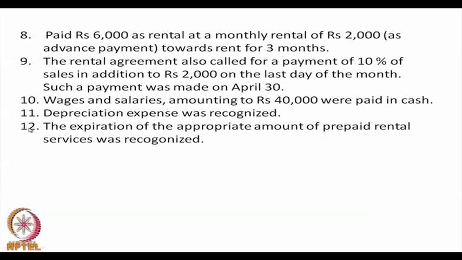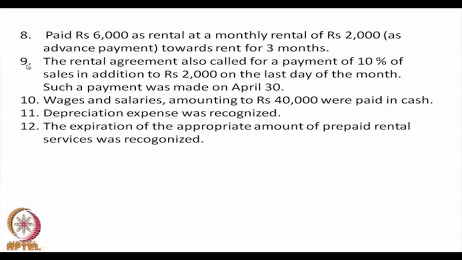You will see later in transaction 12, the expiration of the appropriate amount of prepaid rental service was recognized. It means he paid an advance of rupees 6,000 and at the end of the month of April, the rental for April, 2,000, was recognized here as an expense. 4,000 remained as advance payment for May and June.